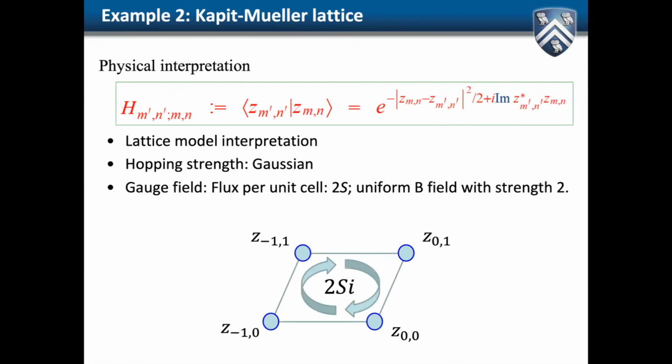So the physical interpretation is the following. It's a lattice model, with the hopping strength decaying as a Gaussian, but it has a complex phase. So it represents a gauge field, and the flux per unit cell is 2 over S. So it represents one whole system.